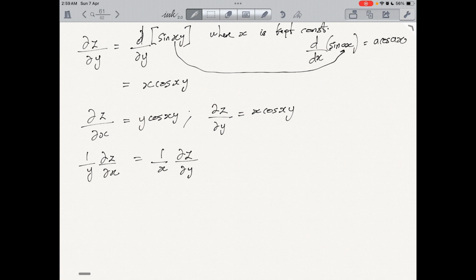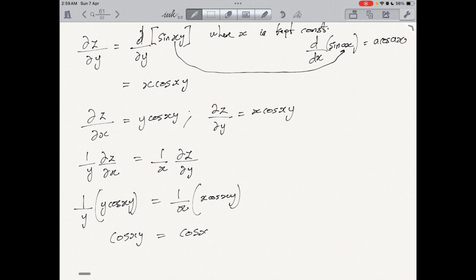So let's make our substitution. 1 over y dz dx is cos xy, 1 over x dz dy is cos xy, and we have cos xy equal to cos xy.